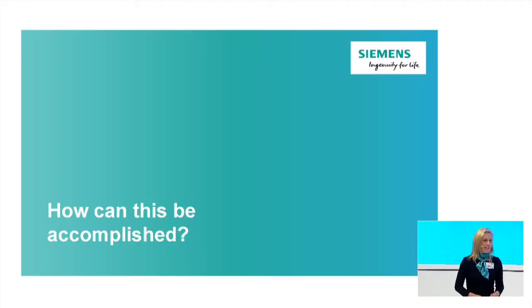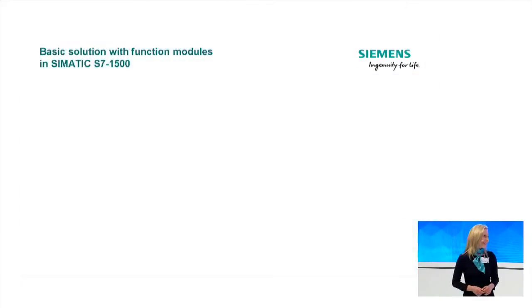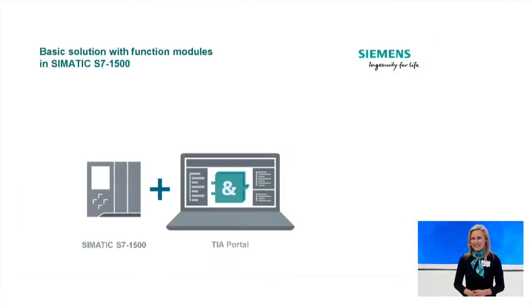But to be honest, we all want it easy, right? The easiest way connecting machines equipped with S7-1500 controllers is via the MindConnect function blocks. What is necessary in order to get it? I'm an automation girl.